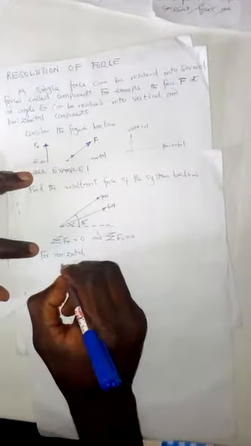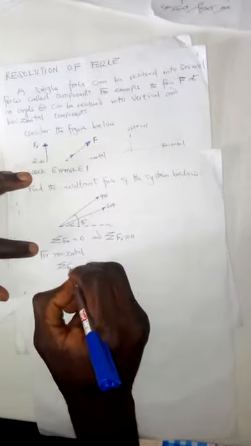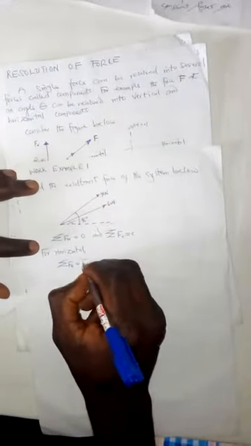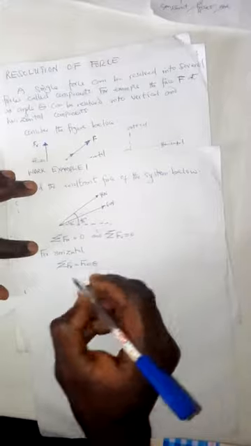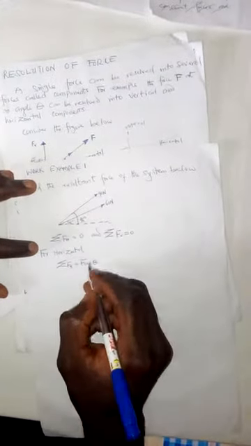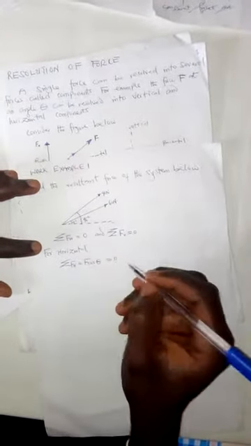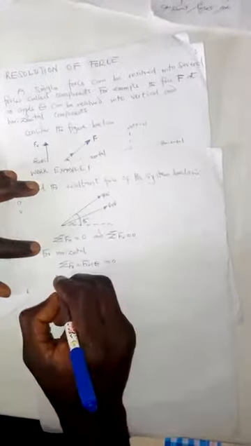Now we're going to take the horizontal component. The summation of F_h is equal to F cos theta. So we sum the force here, and we also know that everything here is going to be equal to 0.